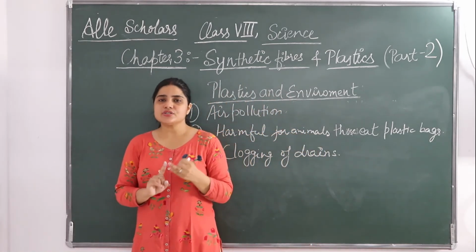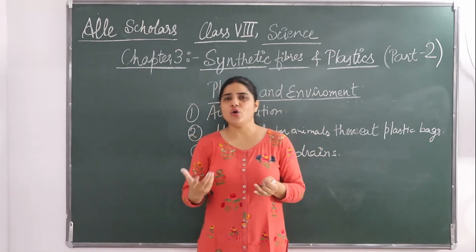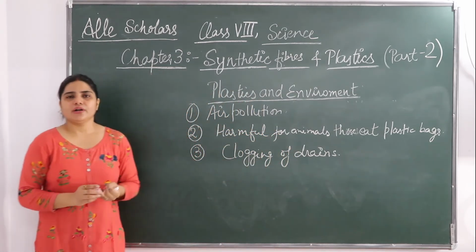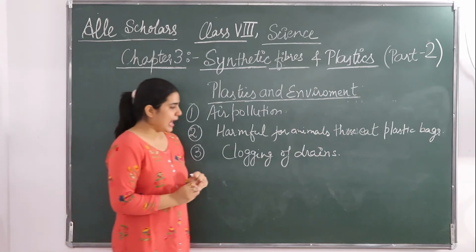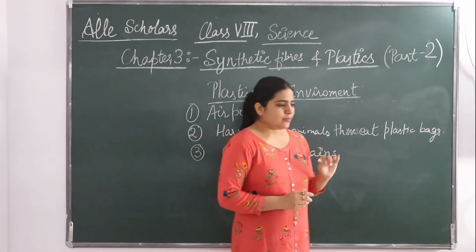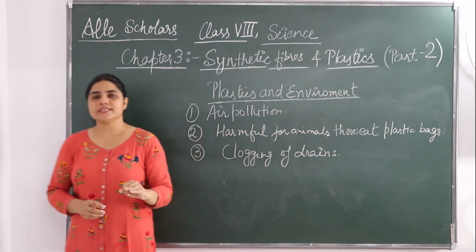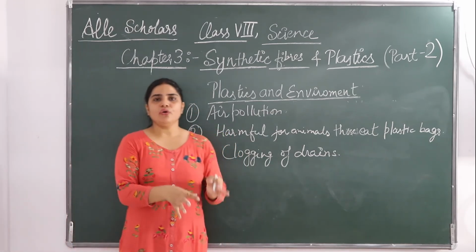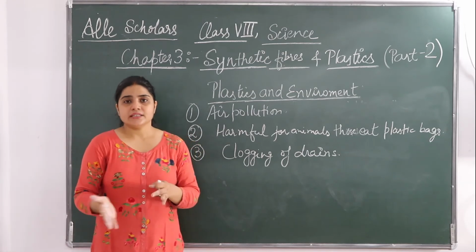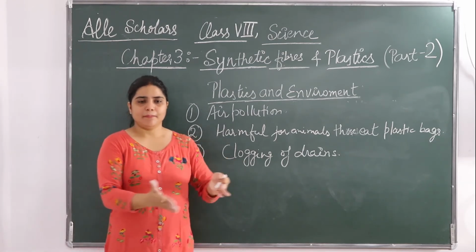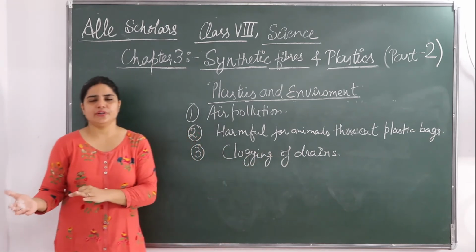Just try to use as little plastic as possible. Secondly, instead of plastic bags, just carry cotton or jute bags. If you go for shopping, take a cotton or jute bag from your home and go. The third thing you can do is that when you throw garbage at your home, separate it into biodegradable and non-biodegradable.